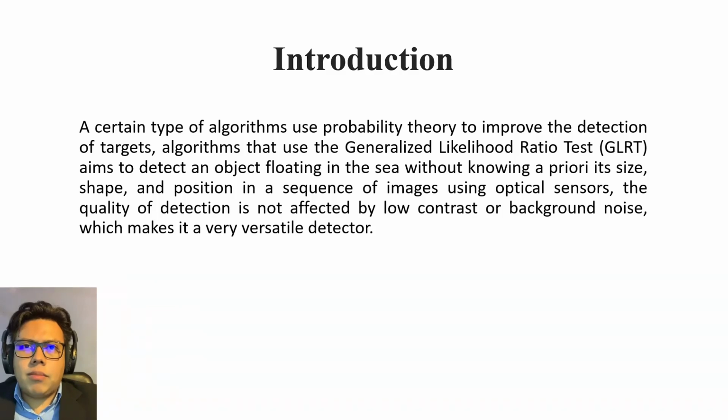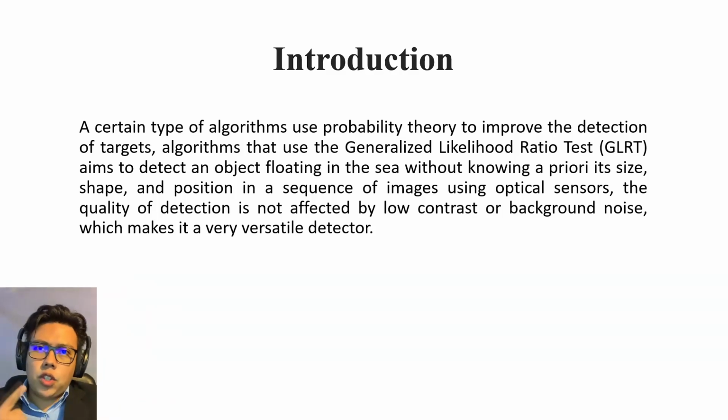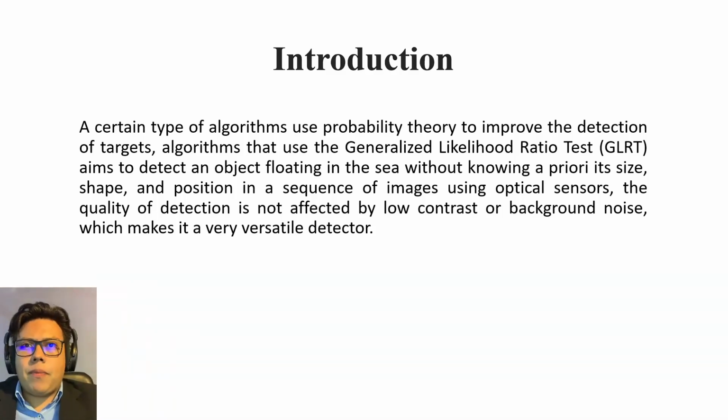This algorithm aims to detect an object floating on the sea surface without knowing its size, shape, or position, and uses a sequence of images. But detection is not affected by low contrast, which is good, and makes a very versatile detector.